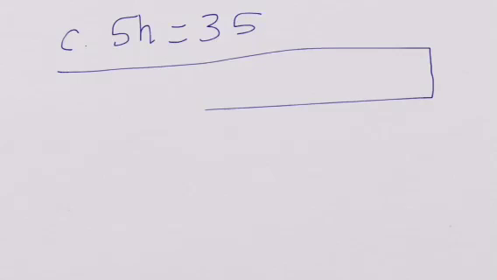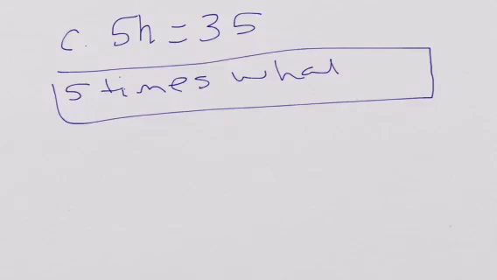Okay. And then on C, we have 5h equals 35. The question we want to ask ourselves is, five times what number? So it's what, here, let me fix this part right here.